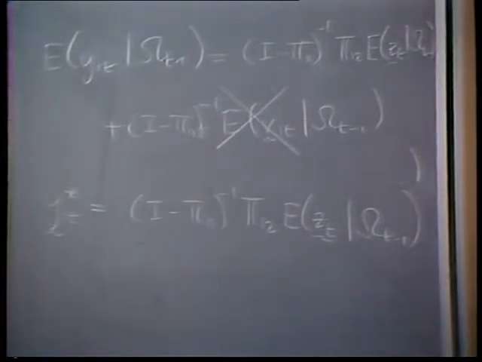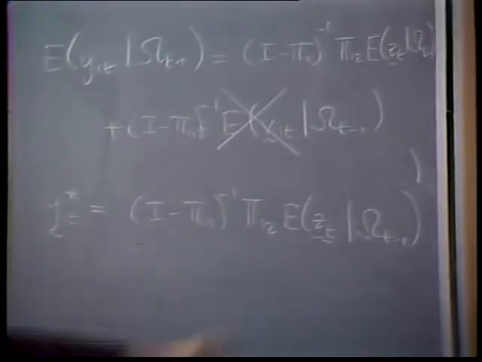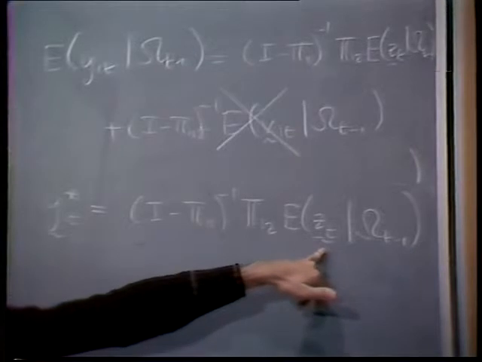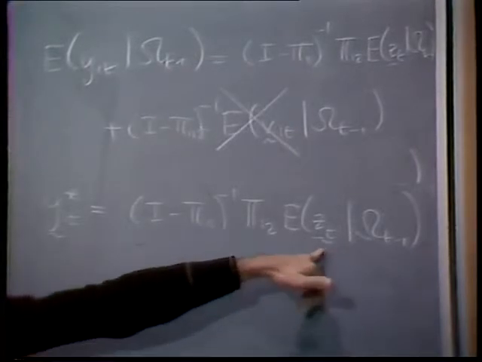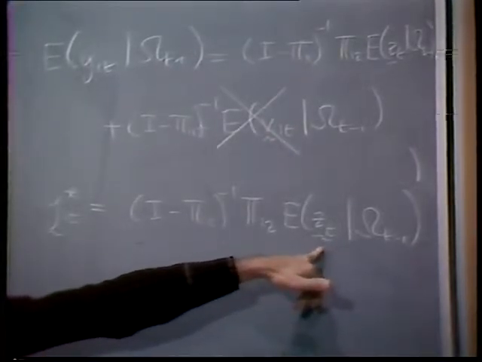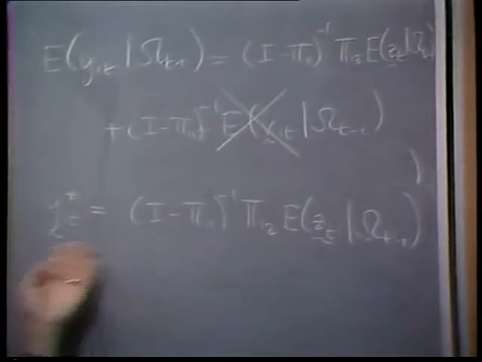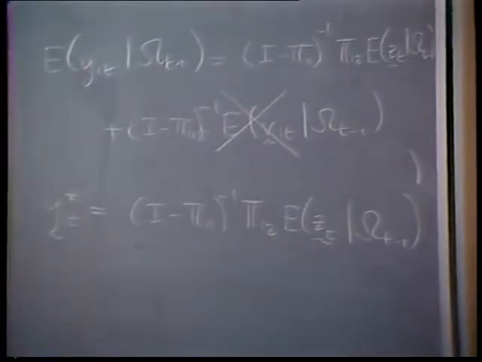And the implication of that is that we can only generate these expectations when we say something about the stochastic process or stochastic structure of the exogenous variables. That's as far as we can go now without saying something about the process generating the exogenous variables.